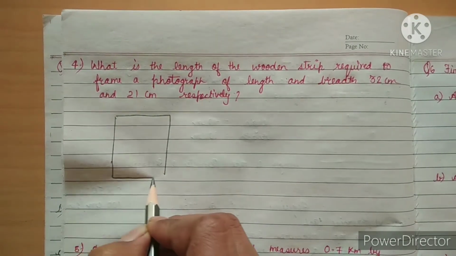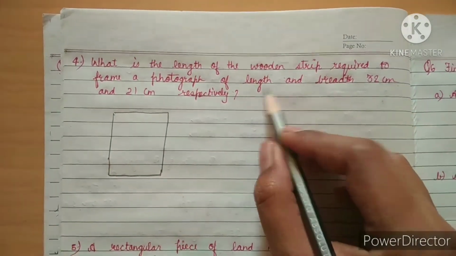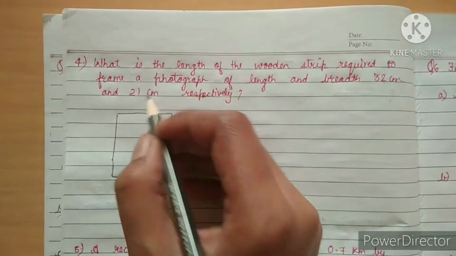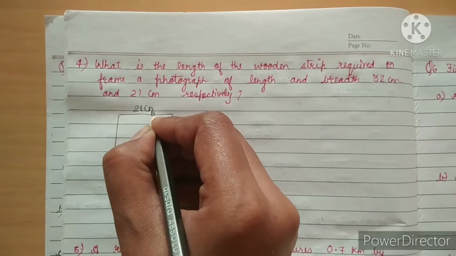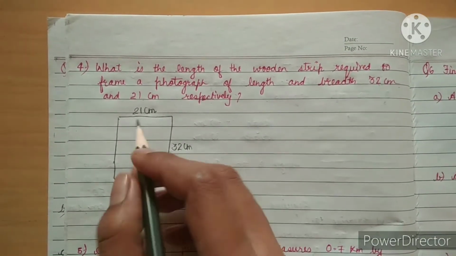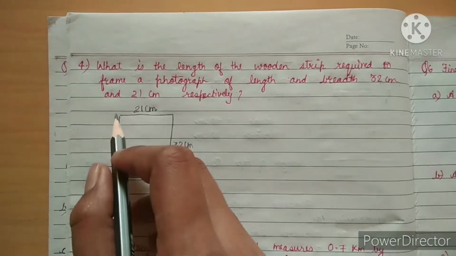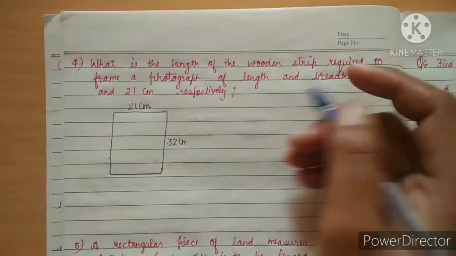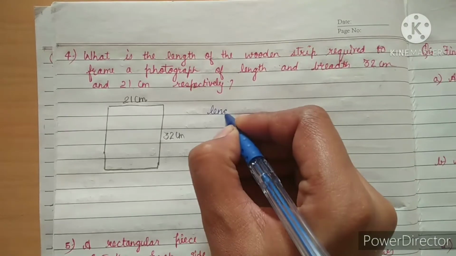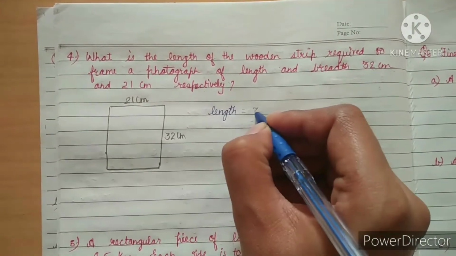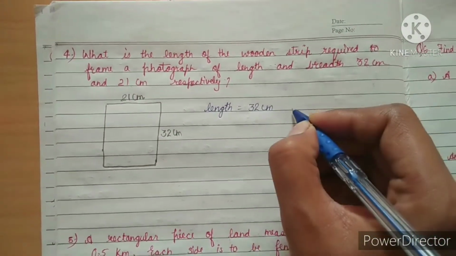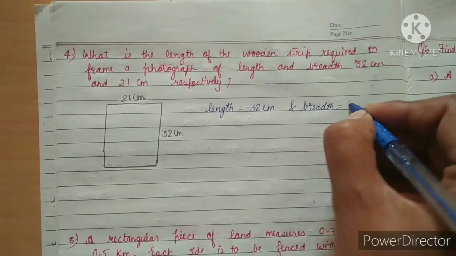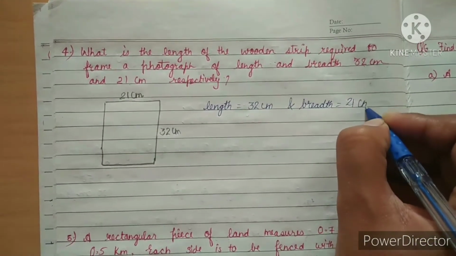This photo frame length is 32 and the breadth is 21 centimeter. We have to find what is the length of total wooden strip for framing the photograph. So simply you can see length is 32 centimeter and breadth is 21 centimeter.